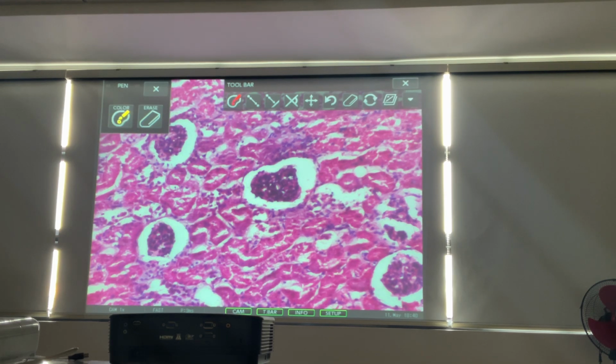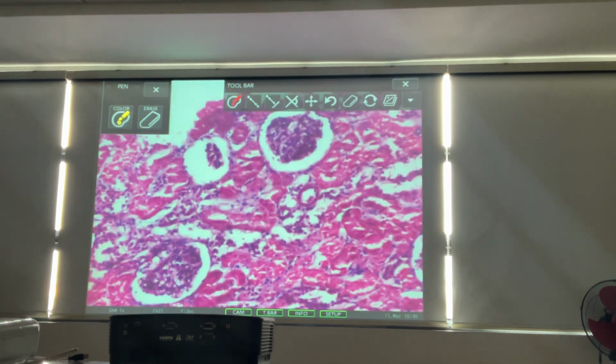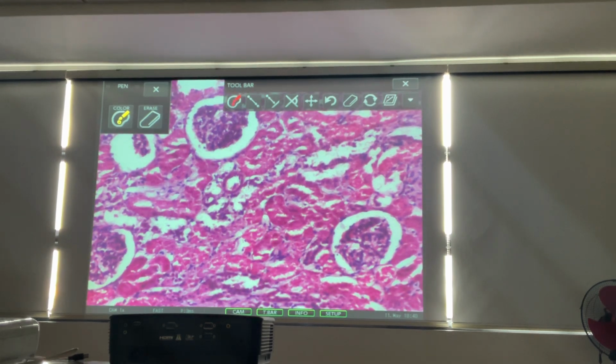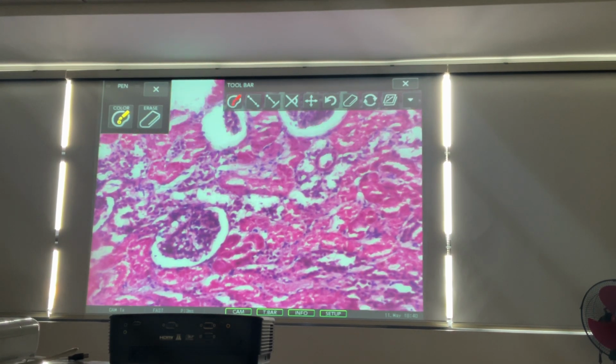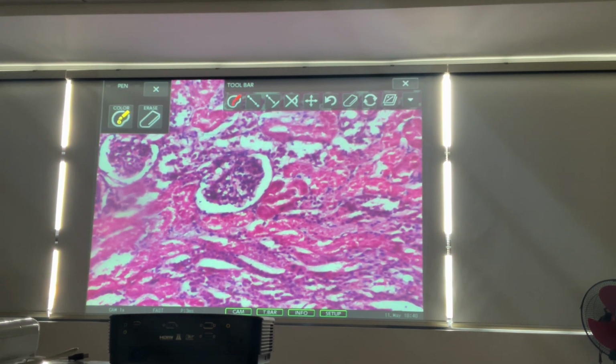Another thing that you would notice for acute glomerulonephritis, AGN.